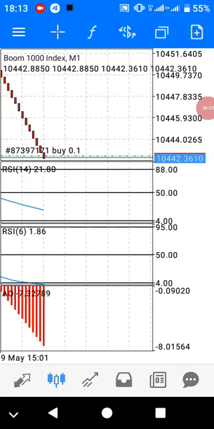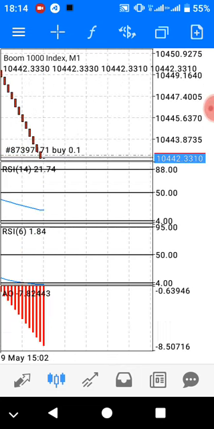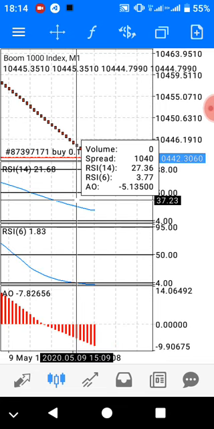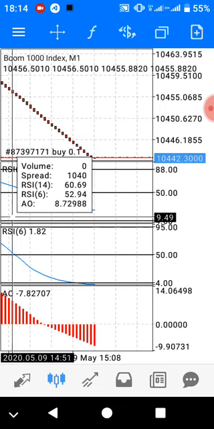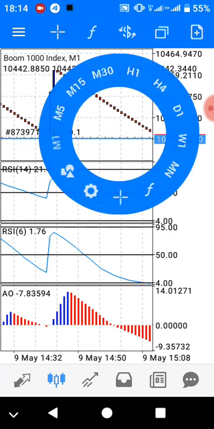Because if we look at our awesome oscillator here, for a boom, if it crosses the zero line from above, it means it's a strong sell.